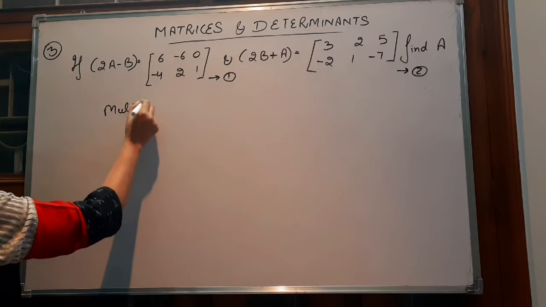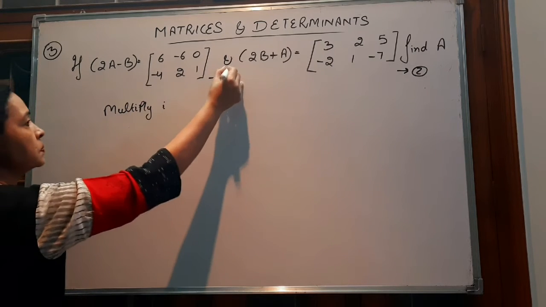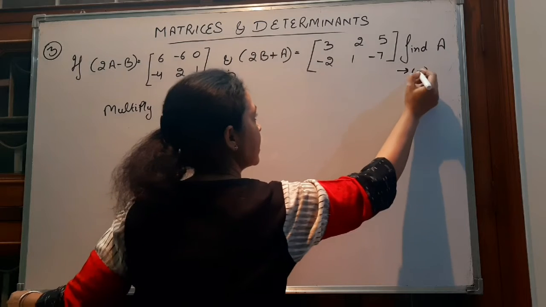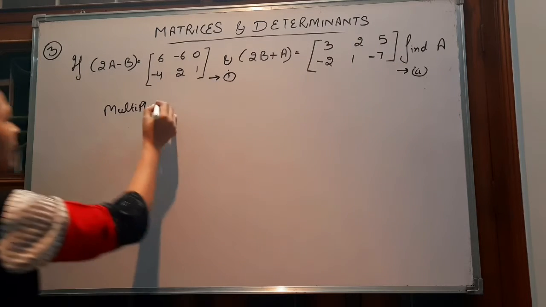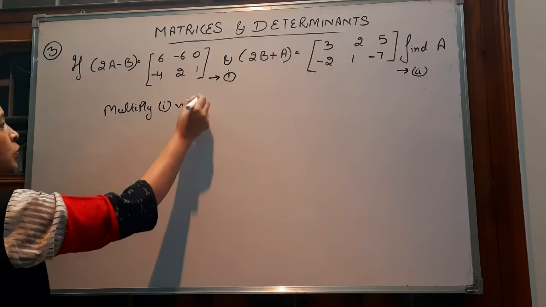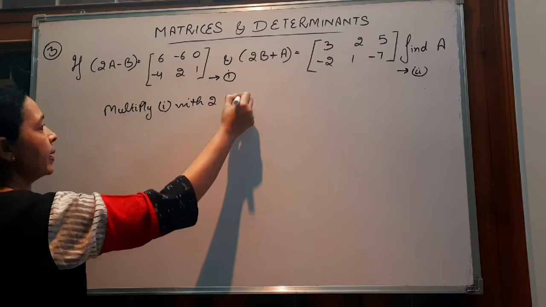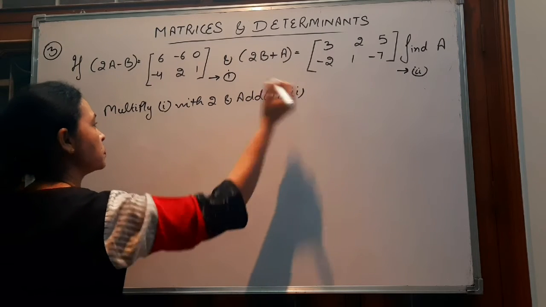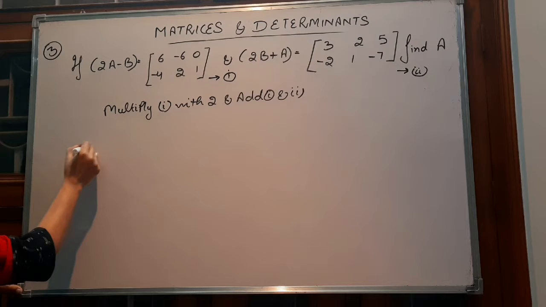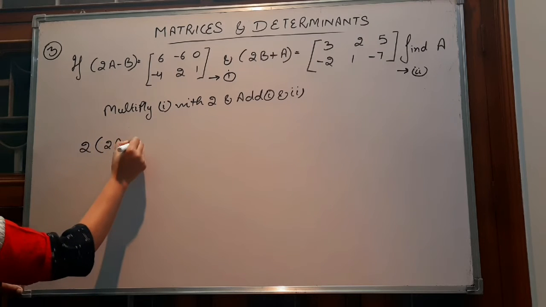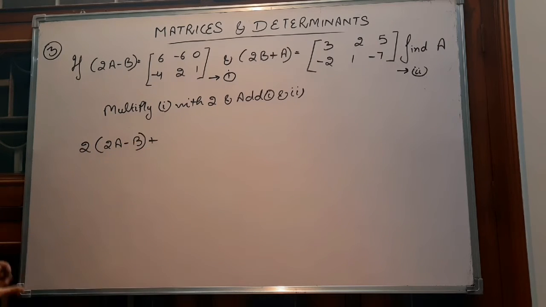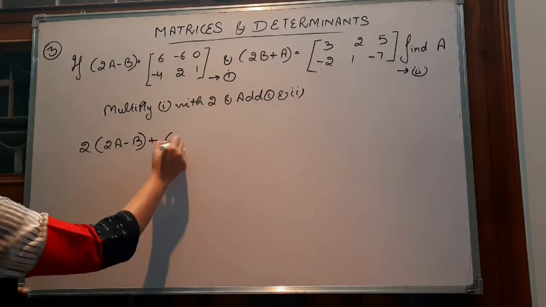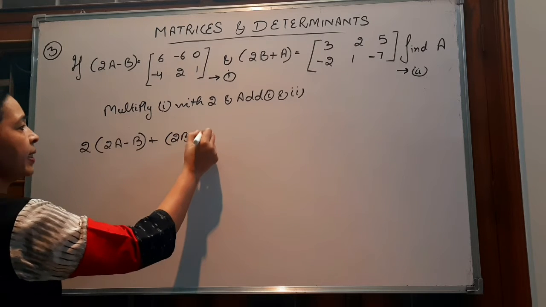Multiply first one with 2 and add 1 and 2. 2 into (2A minus B) plus (2B plus A).